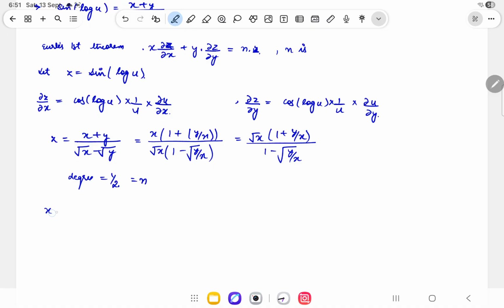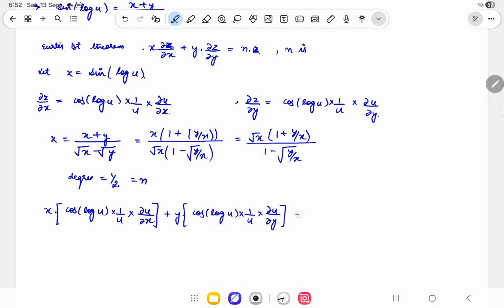Let's substitute these values in Euler's first theorem. We get x into cos log u into 1 by u into del u by del x plus y into cos log u into 1 by u into del u by del y equals n, that is half, into z, that is sine log u.